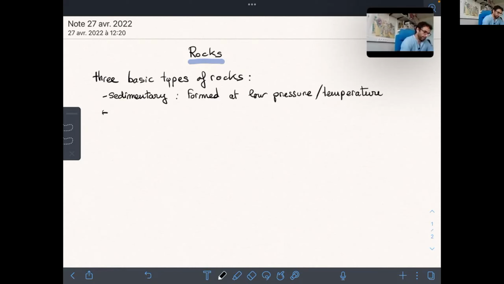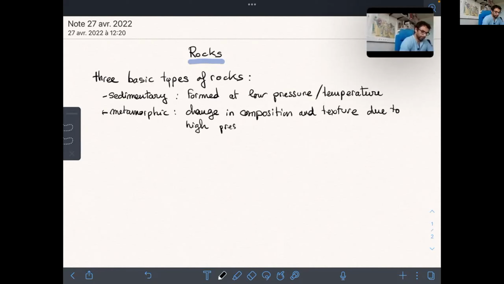We have metamorphic rock. They correspond to a change in composition and texture of another rock due to high pressure and temperature.